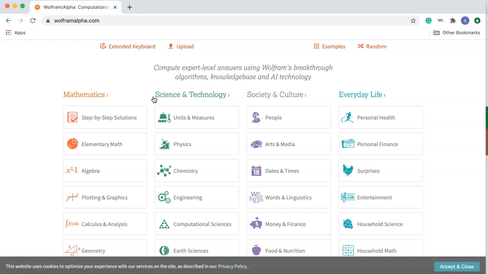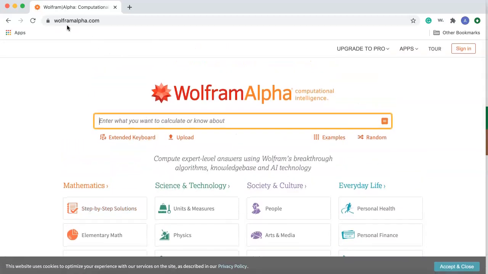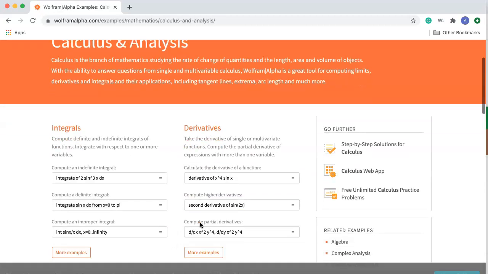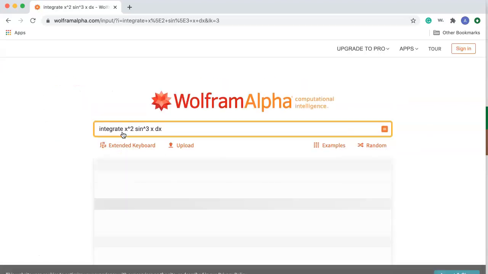And in quantum mechanics, we need to do a lot of integrals. So you go to wolframalpha.com, and then here, calculus and analysis. And then if we're interested in integrals, there are indefinite integrals and definite integrals. So let's just click on this.